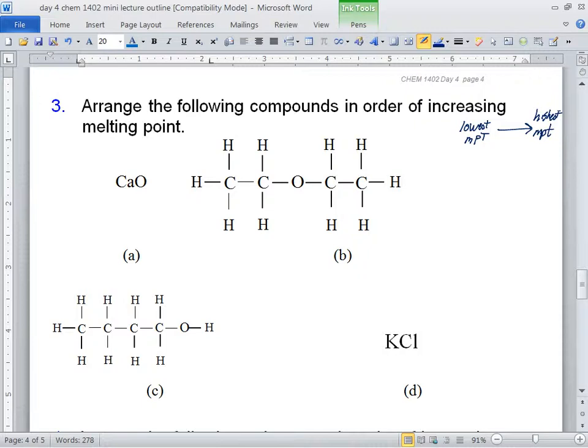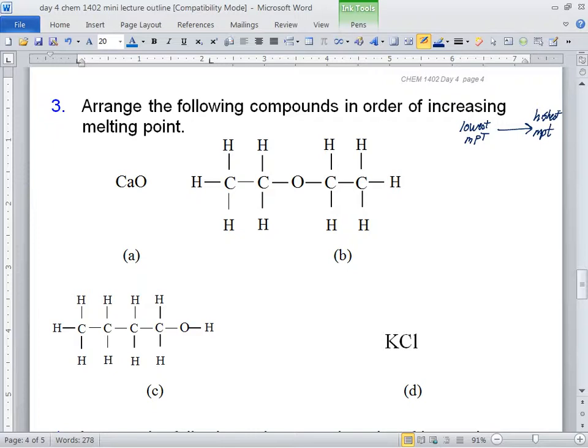Potassium chloride would have the lowest melting point. What type of compound is this? Potassium chloride. Does it have a metal? That's all you got to look for. Chlorine's way over here, definitely a nonmetal. But where's potassium? Way over here. So K definitely is a metal.